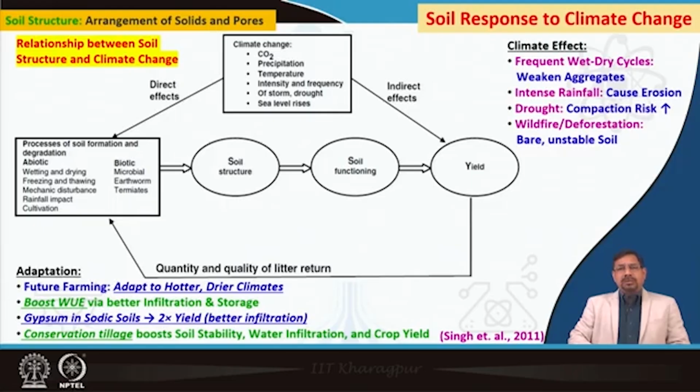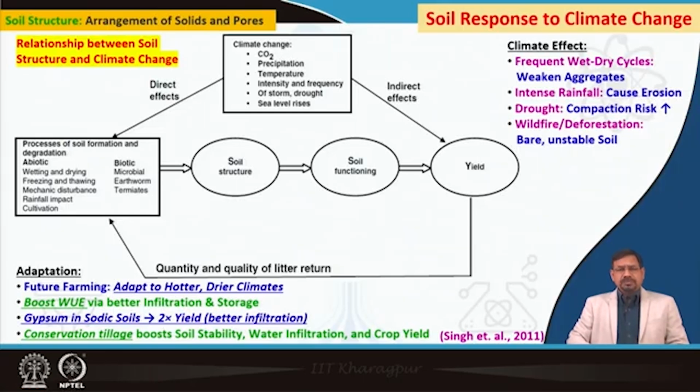So, one other solution to this is you do the tillage in a very conservation way. What do you mean by conservation way? You don't till the whole of the soil. You till the soil where you need to put the plant, or after putting the plant, when it germinates, you cover the rest of the soil so as to retain the moisture, so as to retain all other critical parameters as far as the soil is concerned.